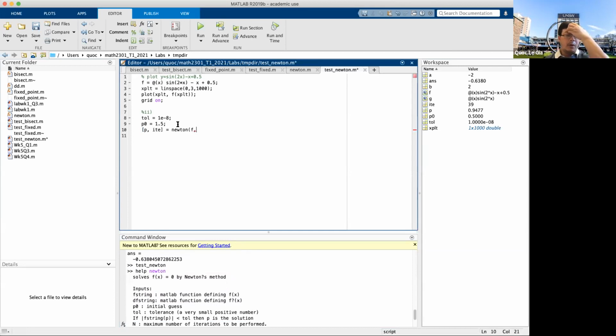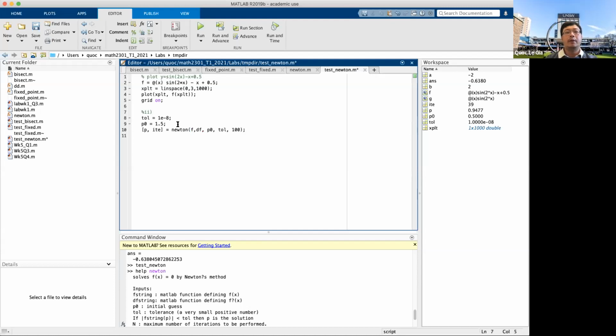Okay, so it is asking for df as well. We haven't computed df. So df is the derivative. So p0, tolerance, and maybe 100 for the maximum number of iteration.